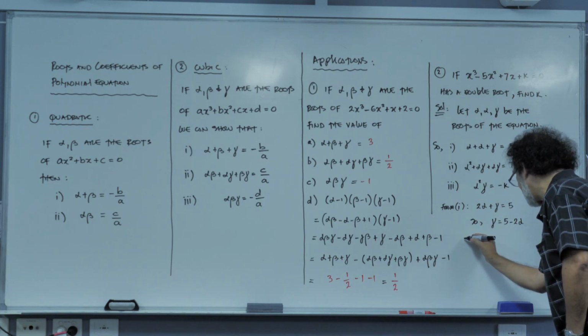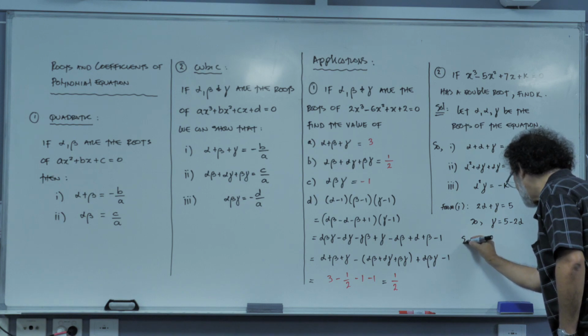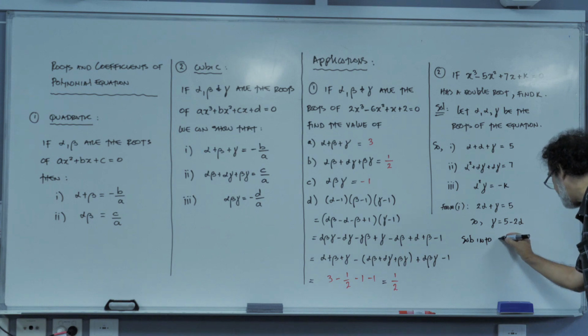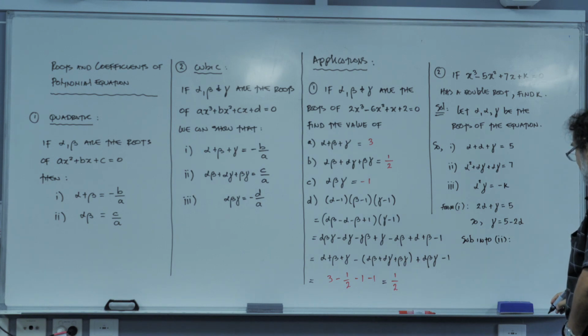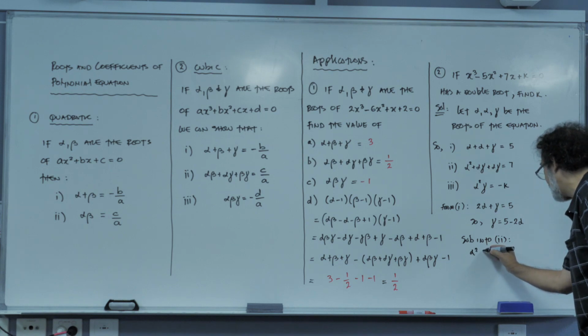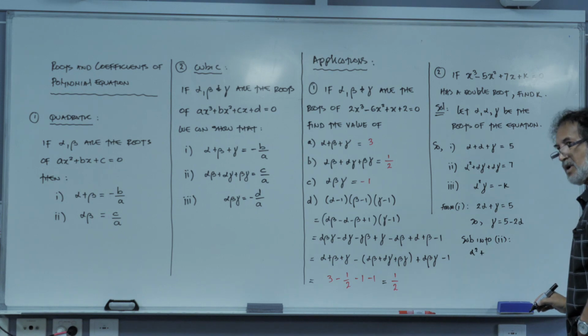So, and then we're going to say sub into the second one. And that will give you, you tell me. So you're going to be alpha square plus what?